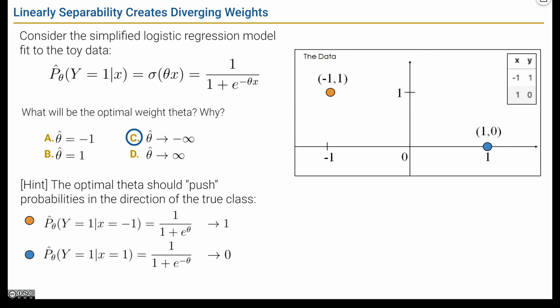Okay, so this actually means that to find the best weight, if we're trying to minimize our cross-entropy loss, our machinery is going to say, oh, we should just let theta keep getting more and more negative in this scenario, right? In this particular toy example.